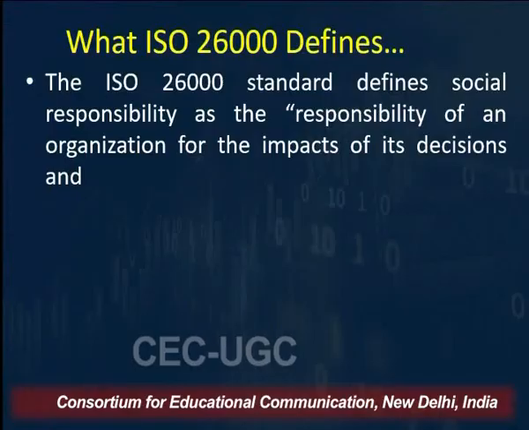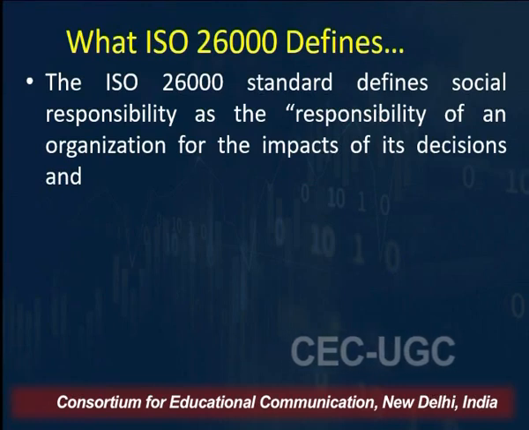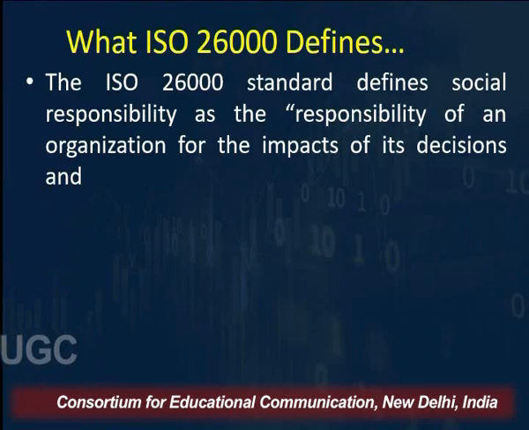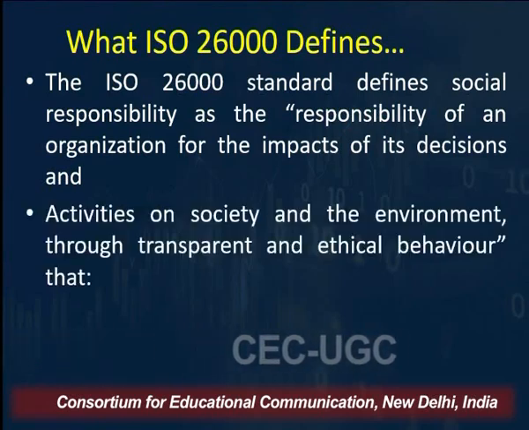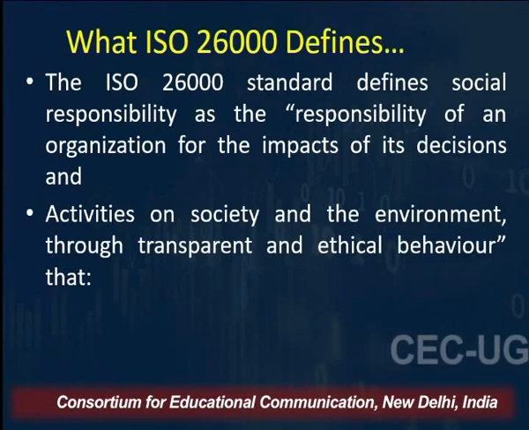So ISO 26000 defines social responsibility as the responsibility of an organization for the impacts of its decisions and activities on society and the environment through transparent and ethical behavior.